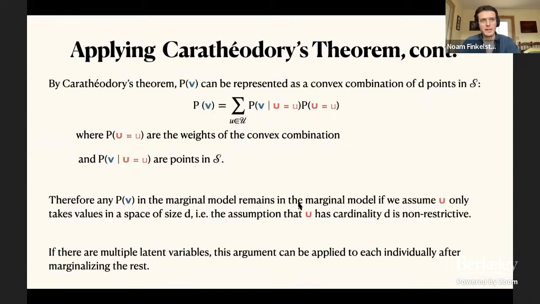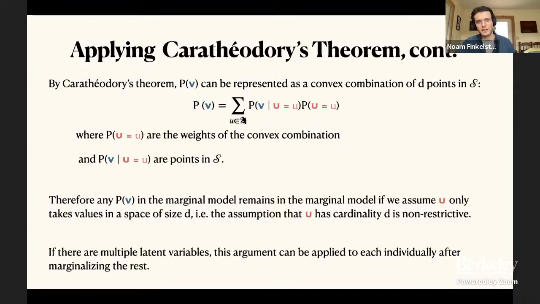So where do we go from there? Now all we have to do is apply Carathéodory's theorem. We say that due to Carathéodory's theorem, the true distribution can be represented as a convex combination of d points in script S, which we denote using this notation.